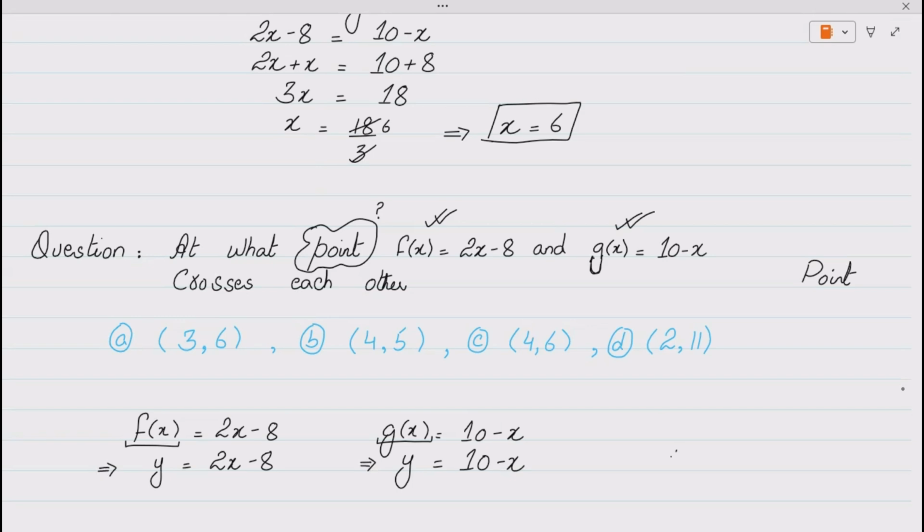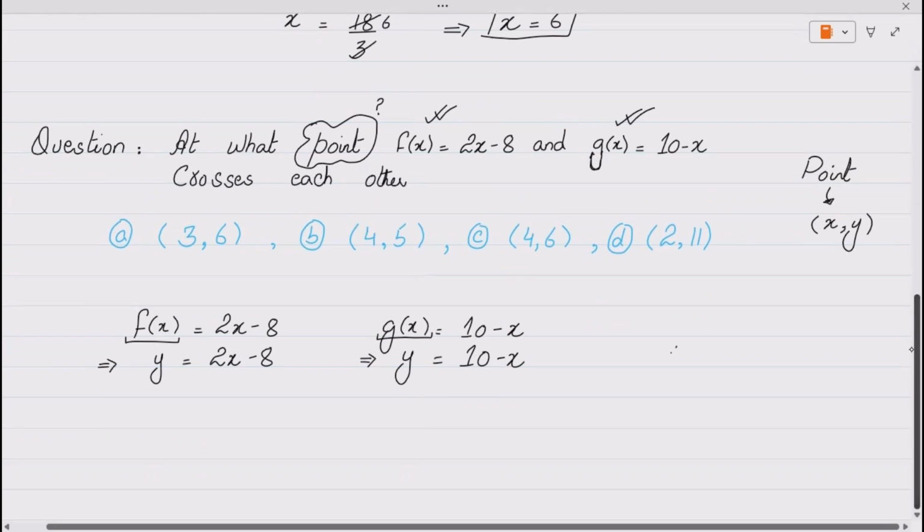To find the point in two dimensions, we know a straight line is always drawn in two dimensions, so we have to find the value of x as well as the value of y.